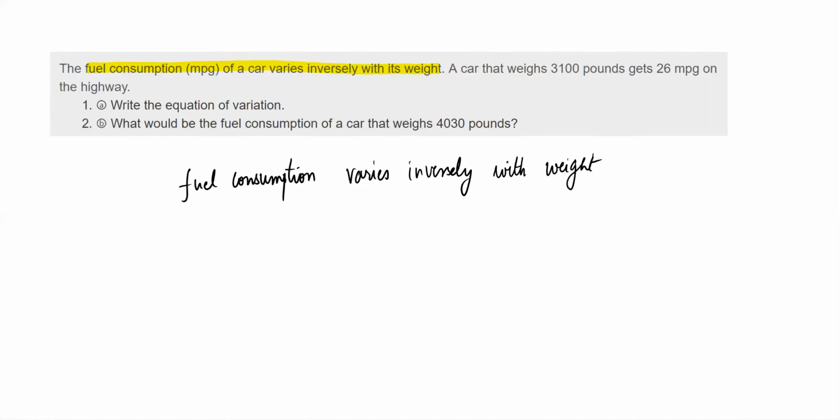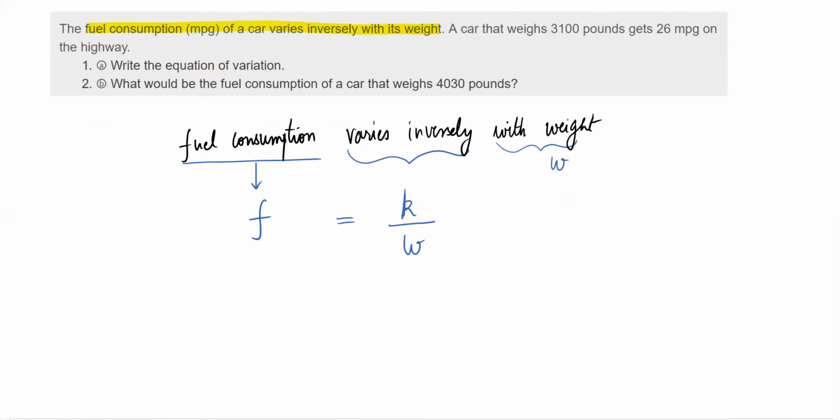We don't have any variables given, so we're going to assign variables. Fuel consumption, so let's call it F, varies inversely equals K, always comes in, but inversely with weight, I'm going to call that W. So it varies inversely, so the W will not sit next to the K, it's going to go down below the K. So we got the relation F equals K over W.